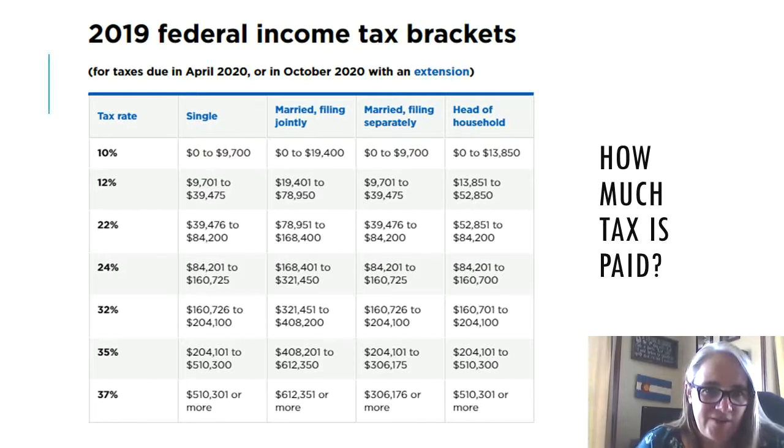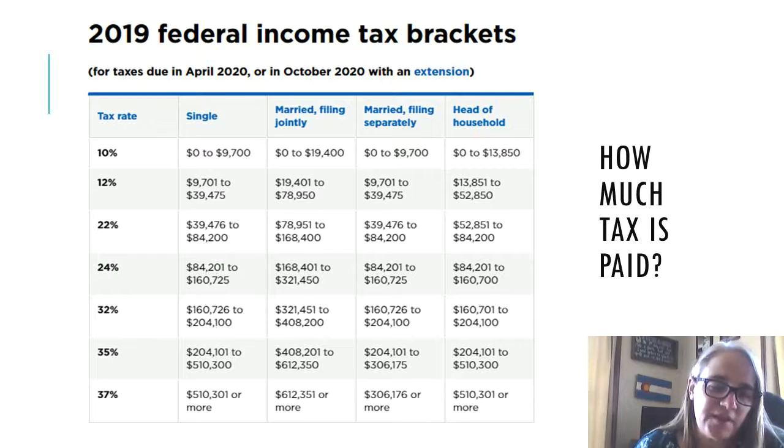When you pay federal taxes, it's actually kind of a complicated system to figure out how much you have to pay. So this is the current federal income tax brackets. This is for the taxes that would be paid for 2019 this year in 2020. Off to the left, you see a column that says tax rate.